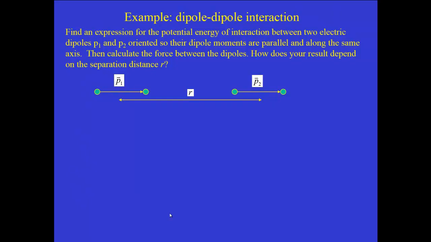All right, so now that we know what the electric field is that's produced by a dipole, and we know the potential energy for the interaction of a dipole with a field, we can do this example. It's kind of an interesting one because in real systems, in nature, especially in biological systems, there are lots of important interactions between molecules that have dipole moments. In particular, the way that proteins interact with various structures in living systems is governed by just this kind of interaction.